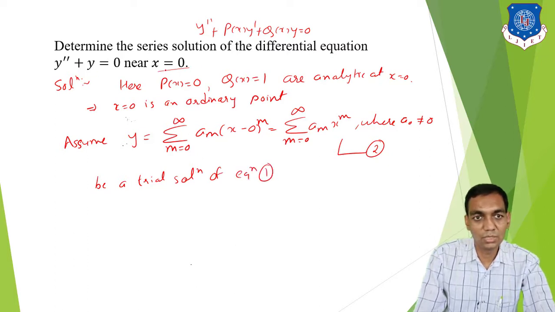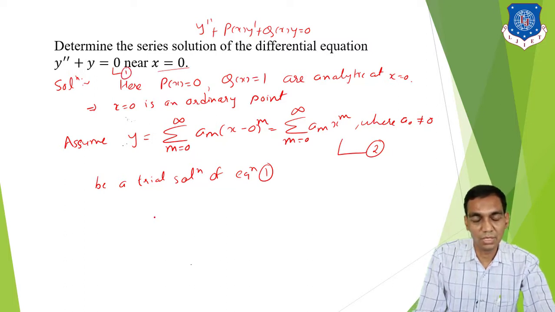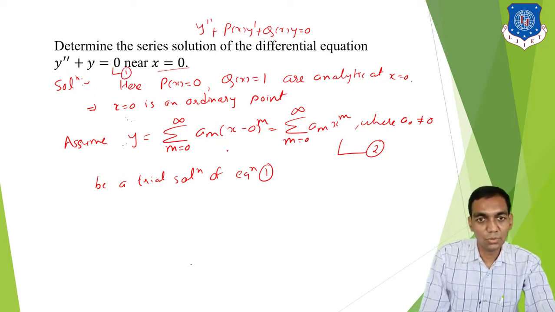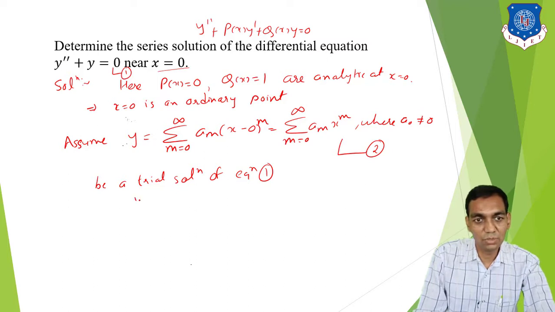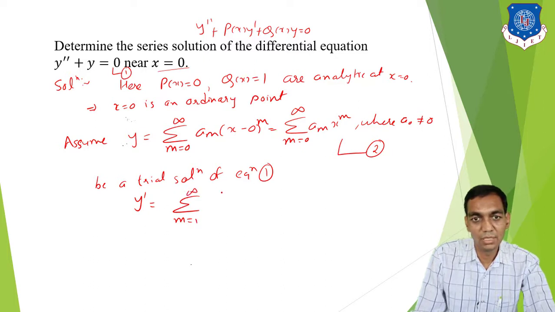Now this is your equation 1, y double dash plus y dash, sorry, plus y. If you are going to take the derivatives of this one, then y dash will be sigma m running from 1 to infinity m into am x raised to m minus 1.